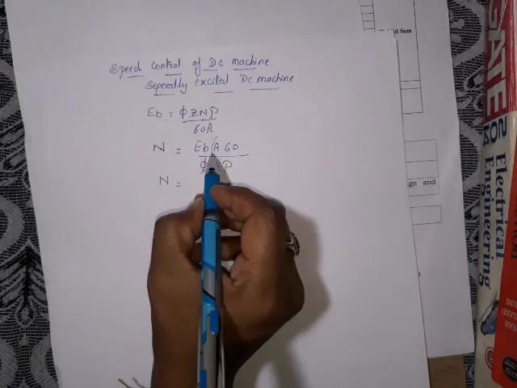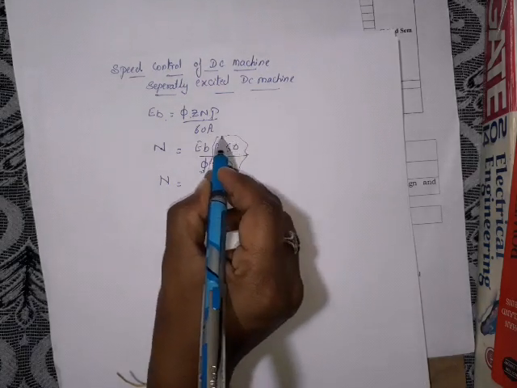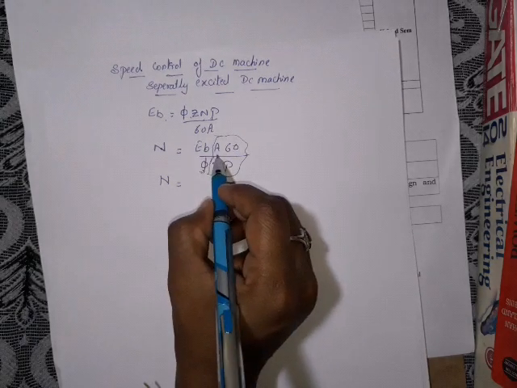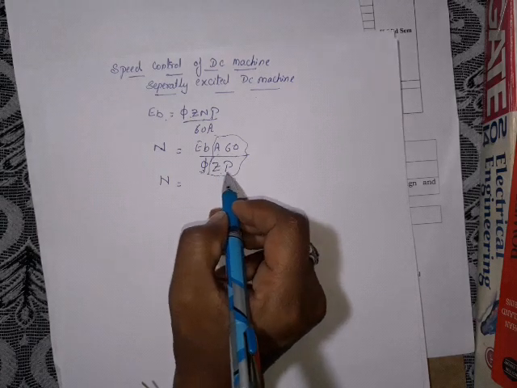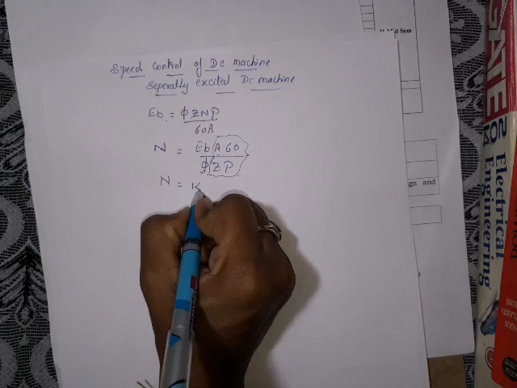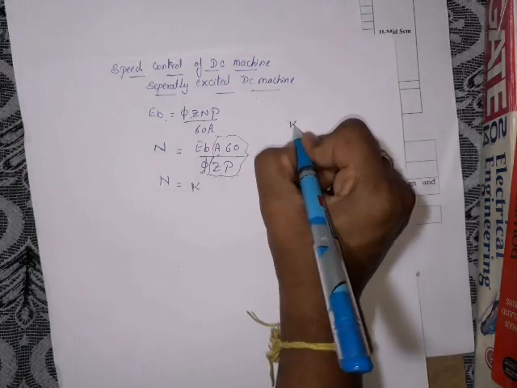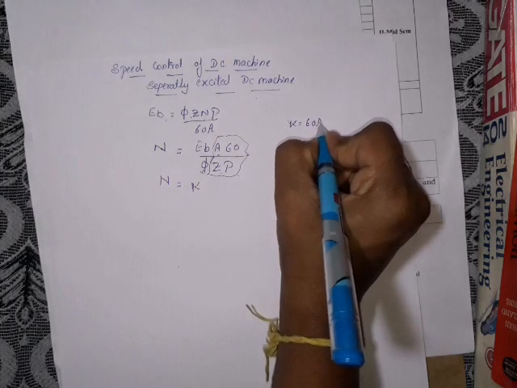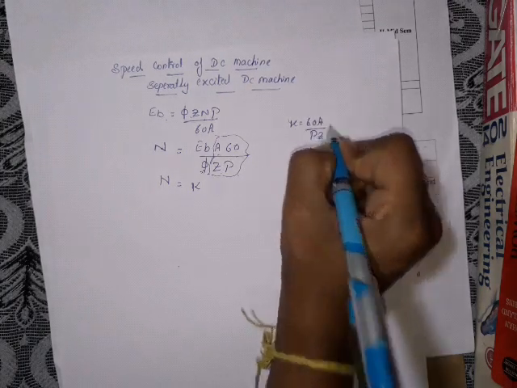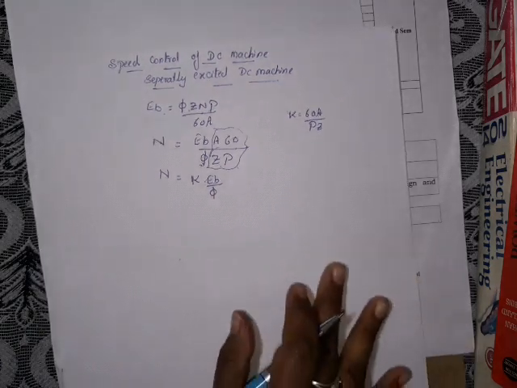I'll tell you why. Apart from phi, these things are constant. A is constant, 60 is constant, Z is constant, P is constant. So I can write all these things as K. K is equal to 60A by PZ. N is K into EB by phi.